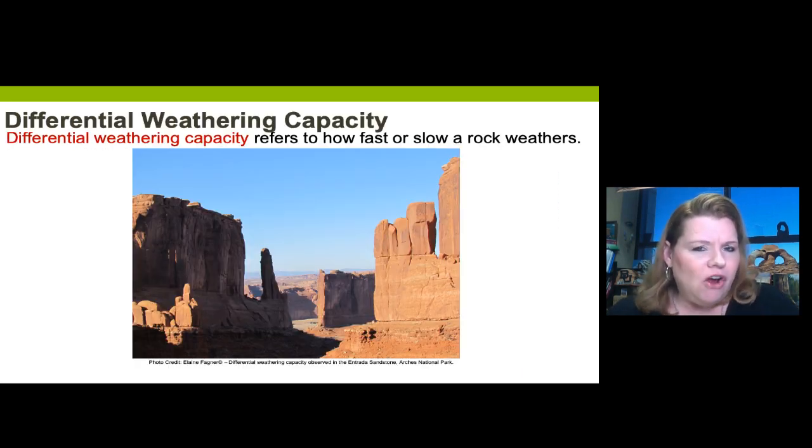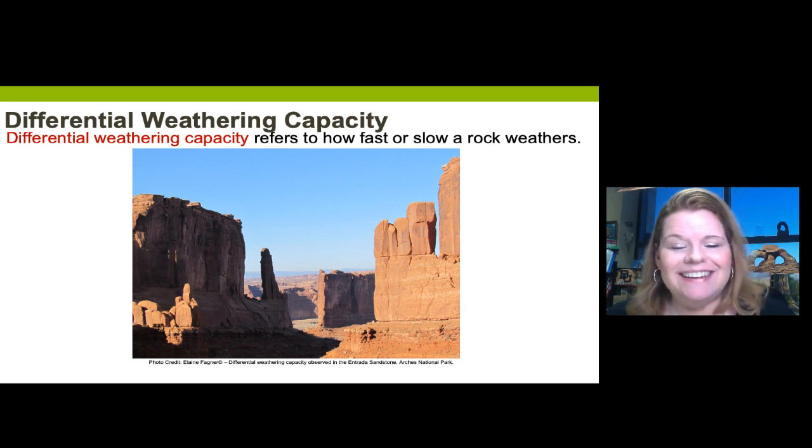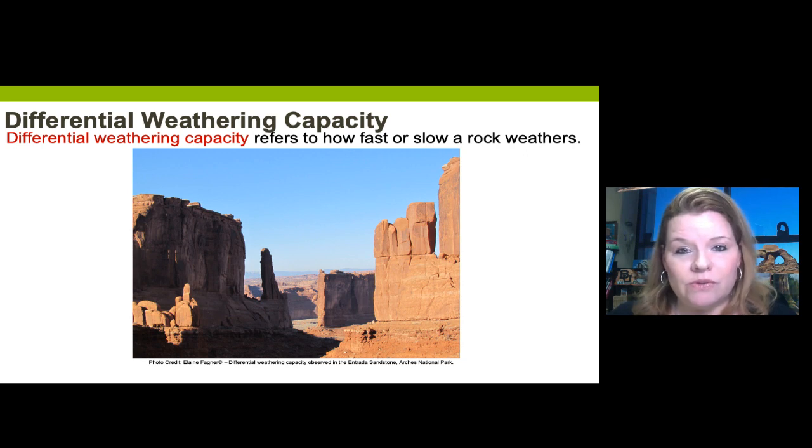So a very important concept today you need to get clear in your mind is something called differential weathering capacity. If you've not read your chapter 7, I'm going to ask that you stop this video and take some time to read it, because we spend a lot of time going through differential weathering capacity, weathering erosion, all the various different sedimentary information you need to know, and then soils, and of course you will get at the end a review of all of those items.